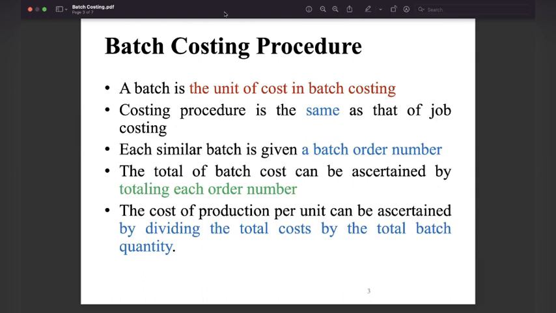Second point, costing procedure is the same as that of job costing. Okay, the costing procedure is a bit similar to job costing. Each similar batch is given a batch order number.